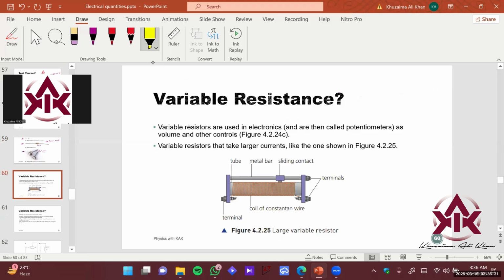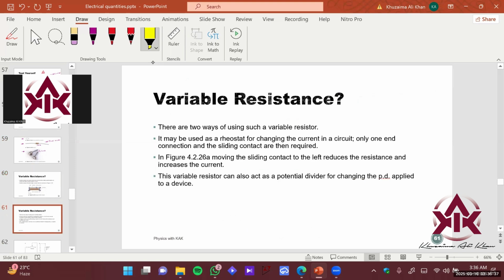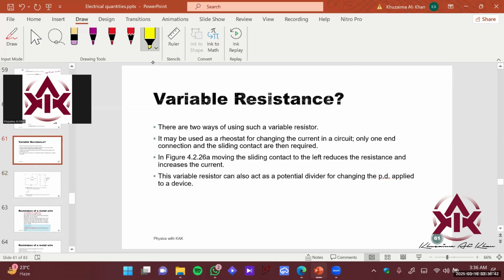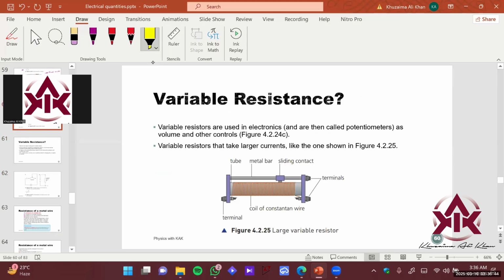Now I'm just going to introduce variable resistors. We're going to continue and dive deeper into it in the next class, which is on Sunday. Let's introduce what a variable resistance is. Think about the term: you have variable and resistance.